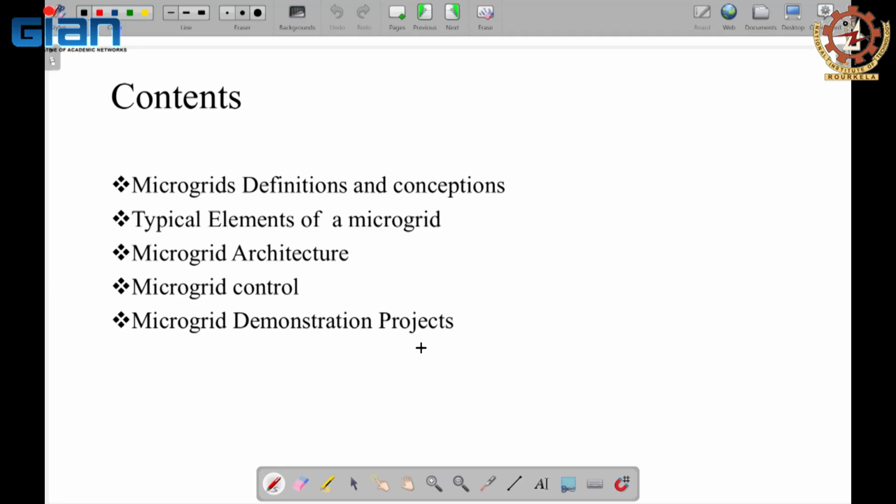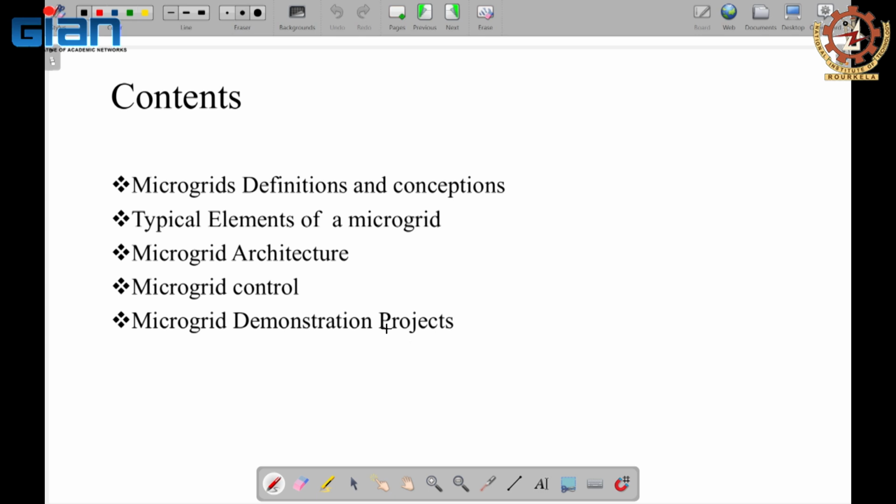So here, for this session, the contents which I am briefly going to discuss: a little bit about the concept and definitions of microgrid, the elements of a microgrid, microgrid architecture, microgrid control, and some of the microgrid demonstration projects.